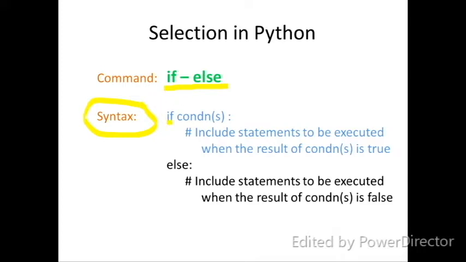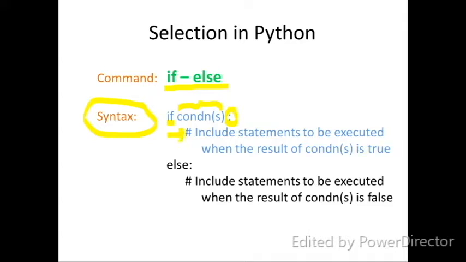Coming to the syntax of if-else, if is a keyword in small letters and you can have a condition. I have included the s in brackets because you can have one condition or more conditions, followed by a colon, meaning that all the statements following it form the set of statements to be executed when the condition becomes true.